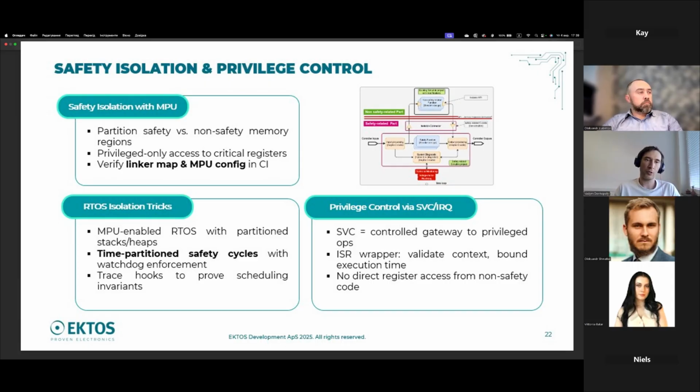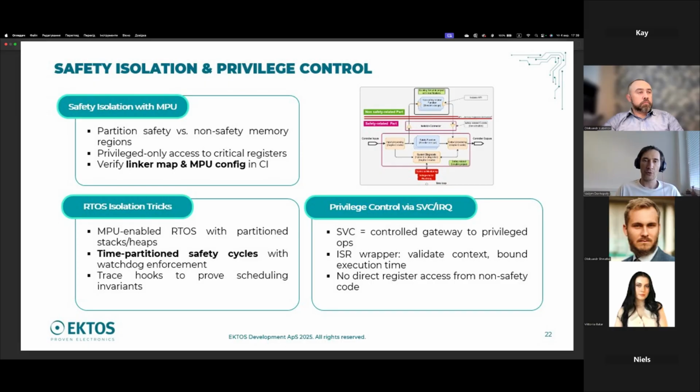Also, one of the good tricks is RTOS isolation. This is when the operating system uses the MPU to separate tasks from each other to avoid any corruption of memory or any interference from one task to another task. And obviously, if you have two parts like safety and non-safety, they somehow should communicate to each other to transfer data between them.